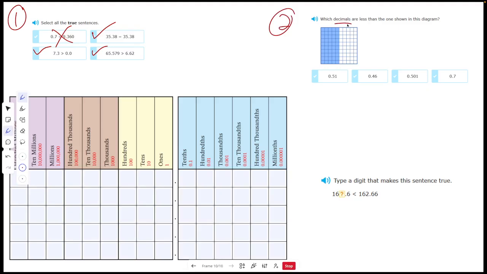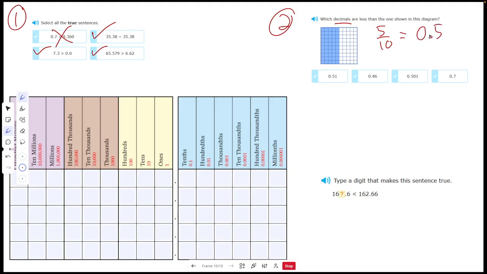It doesn't say select all, but it sounds like there is definitely more than one right answer here, right? Which decimals are less than the 1? So how did they split this? 1, 2, 3, 4, 5, 6, 7, 8, 9, 10. All right, so this is 5 out of 10, right? Because they shaded in 5 columns out of the 10, which is 0.5. You could type 5 divided by 10 in your calculator.